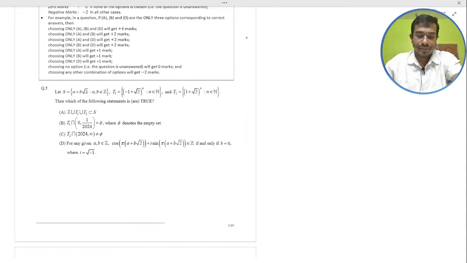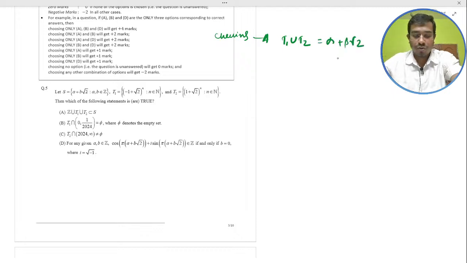Now check options A, B, C, D. Checking option A, that the T1 union T2 is equal to alpha plus beta root 2, where alpha, beta belong to N. Simple.